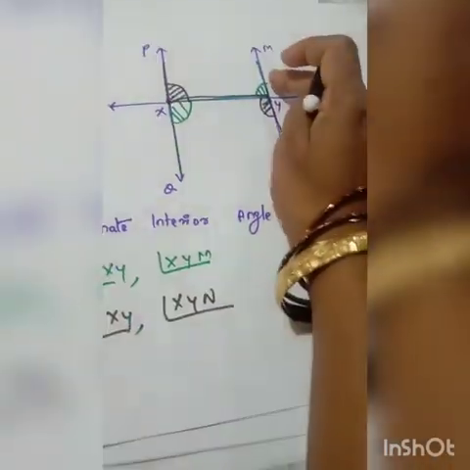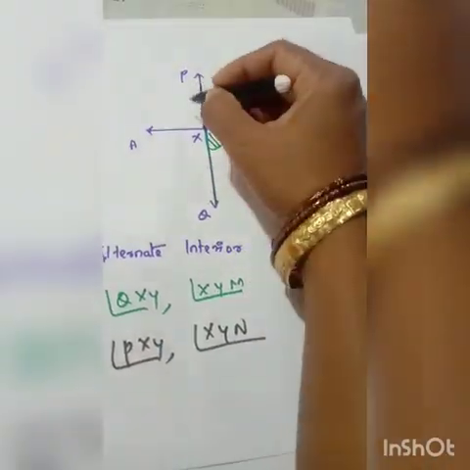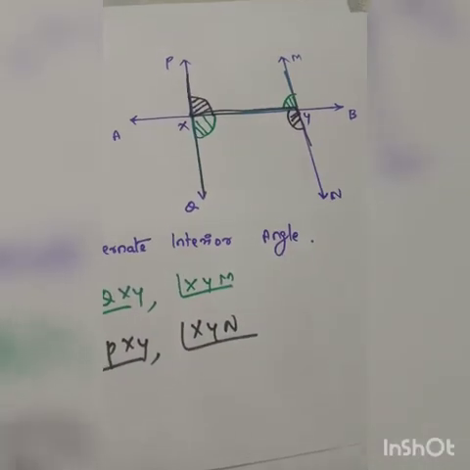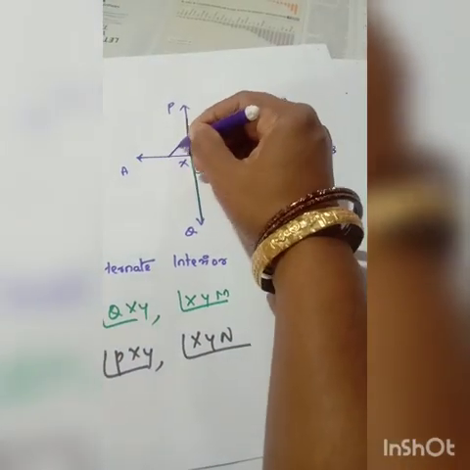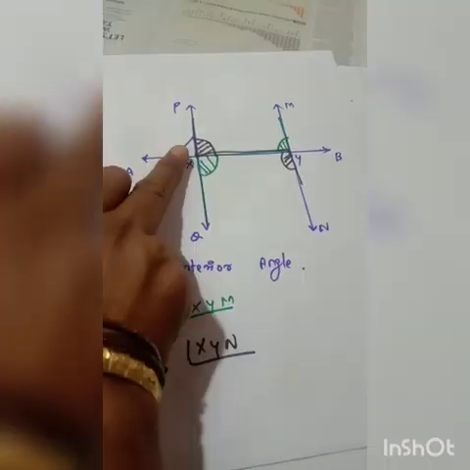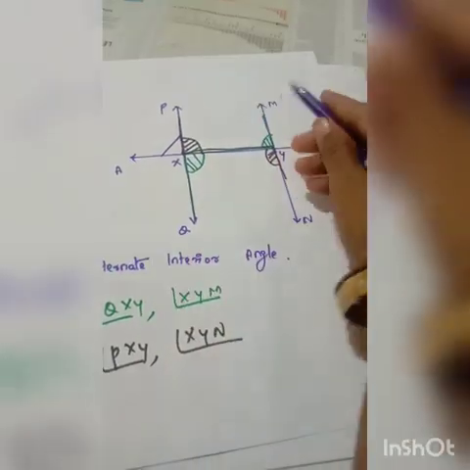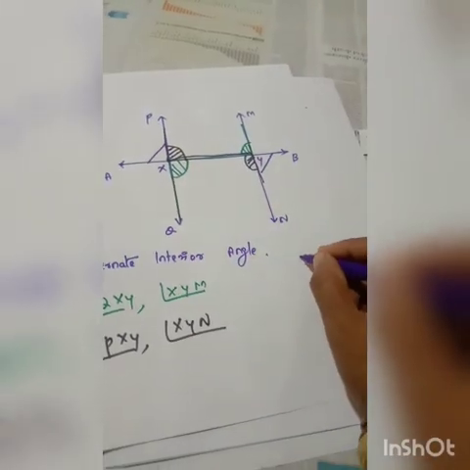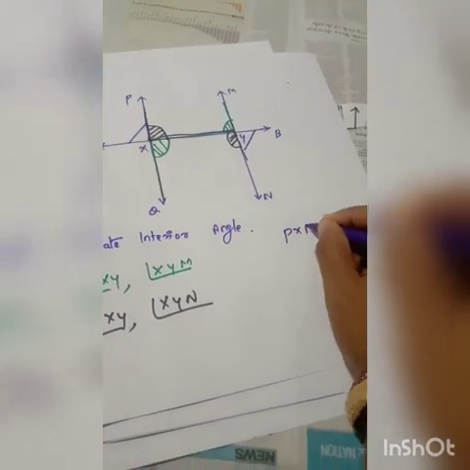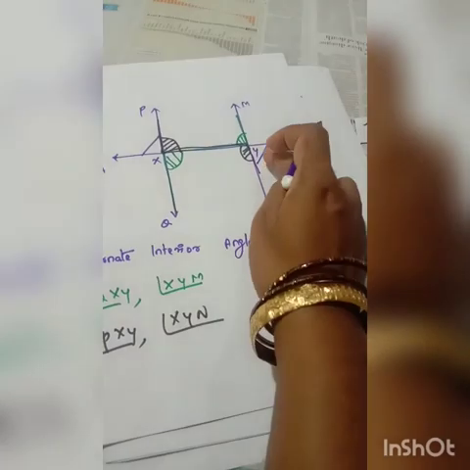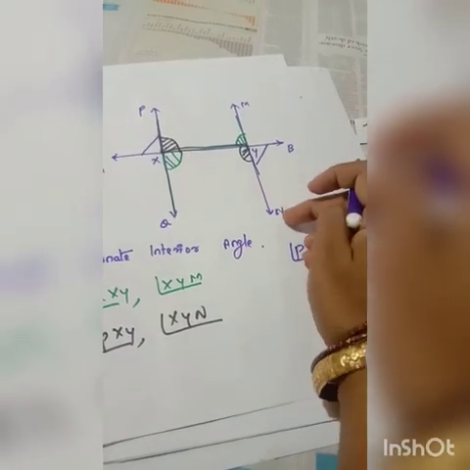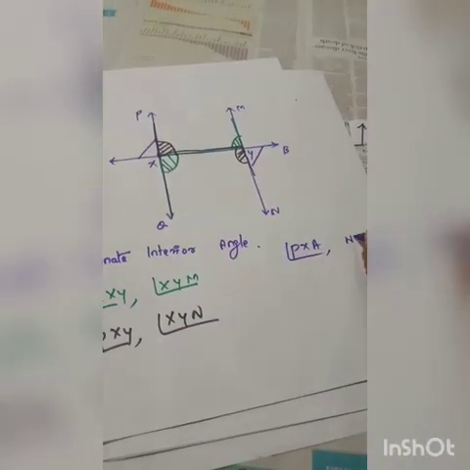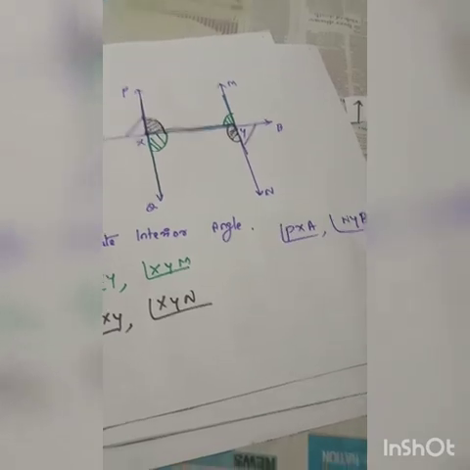These two angles, this two angles. Exterior angle is very easy. If you see here, if I mark like this way, the same opposite is here. This angle, how can I write? PXA, and this angle, how can I write? YB.